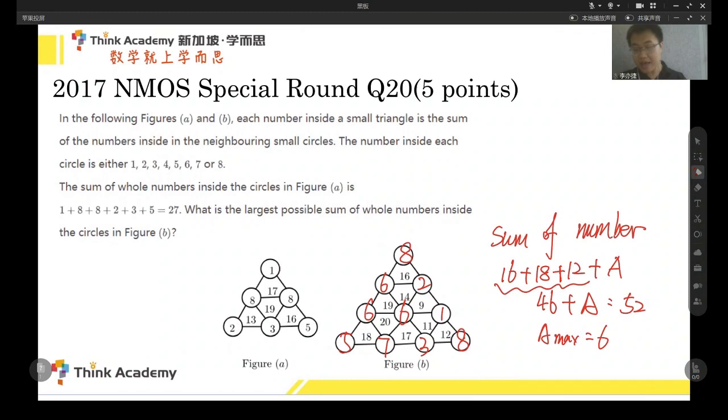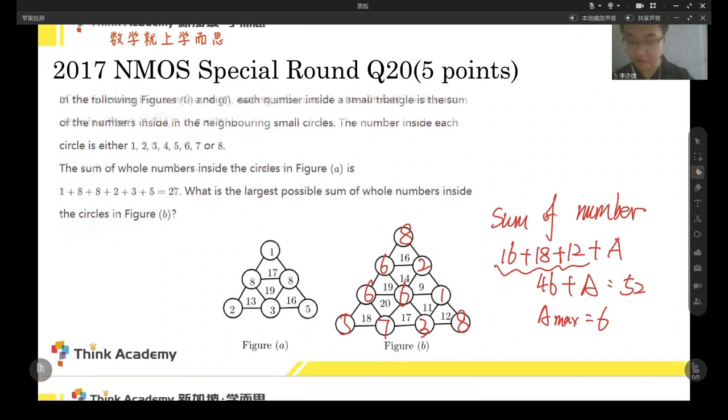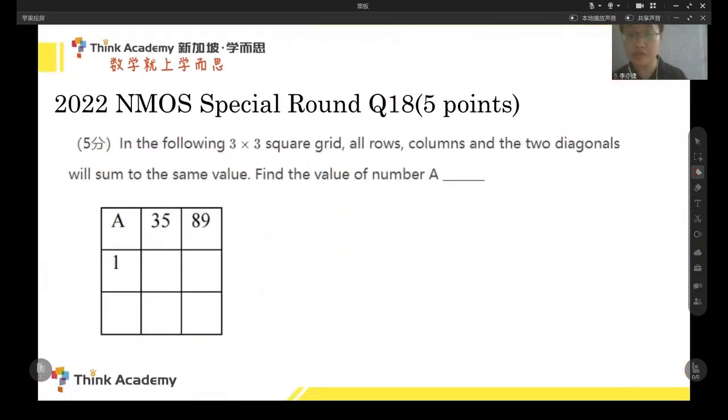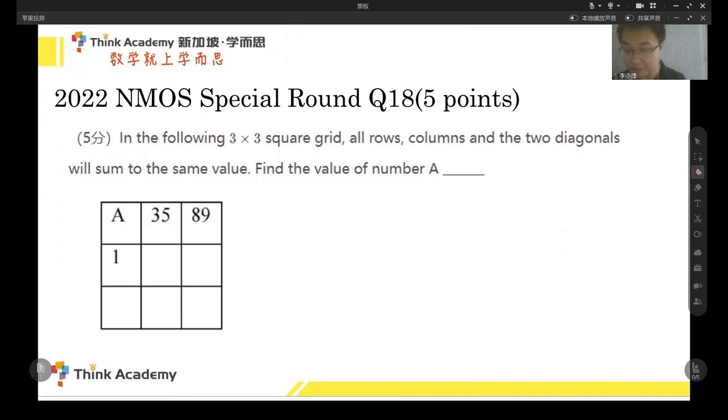Okay? Then for the 2022 question, also a 5-point question. Question 8 is about another number diagram. I don't know how to spell it in English; in Chinese, we call it 换方. Which means that there are 3 times 3, or maybe 4 times 4, but most normally 3 times 3, right?